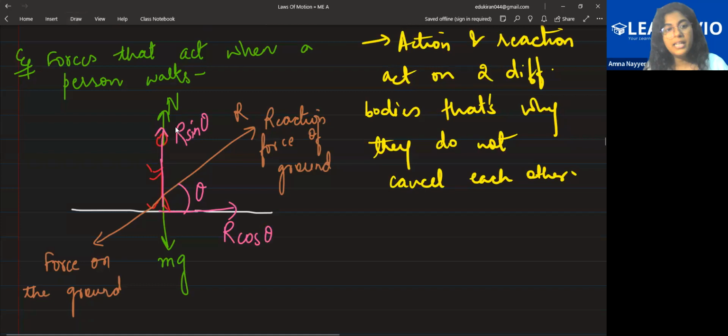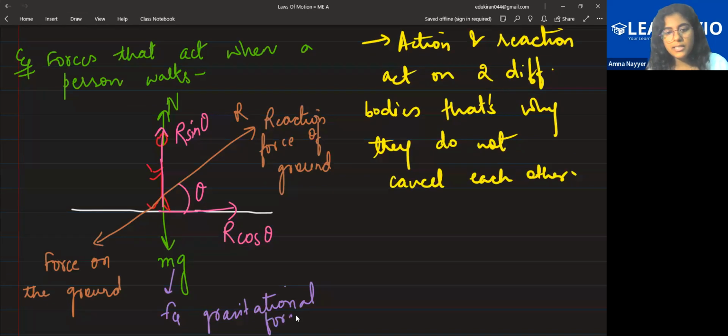Now class, what are the functions of these? This is very important. This is Fg, the gravitational force, downwards mg. R cos theta basically helps us to move. This forward propulsion, this forward throwing of us ahead, is done by R cos theta, which is acting forward.